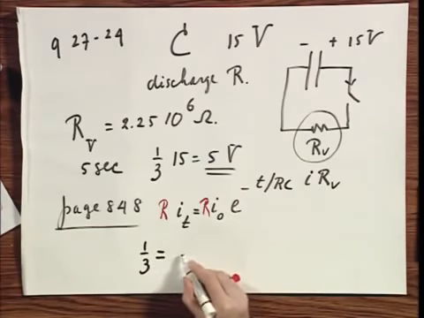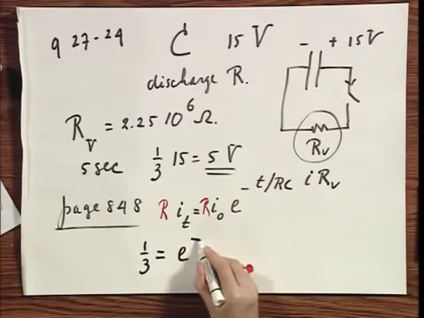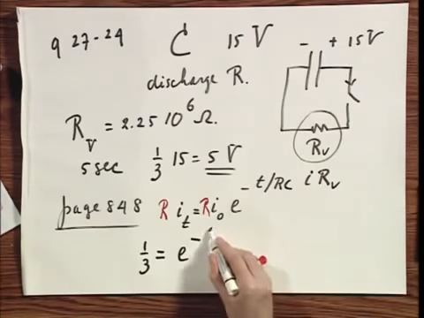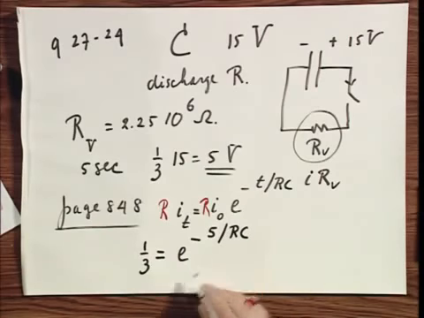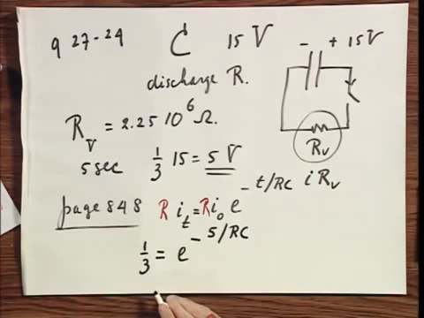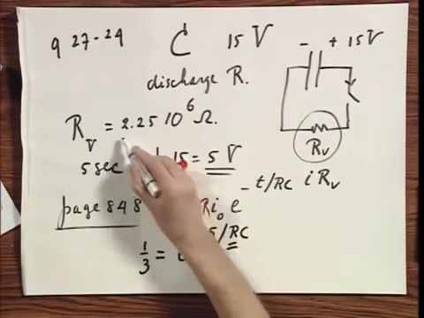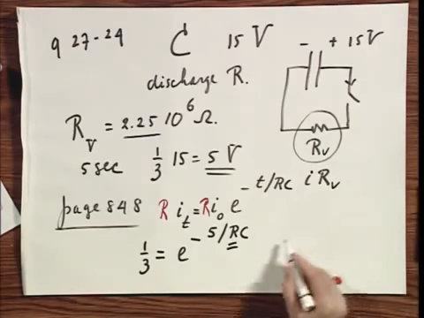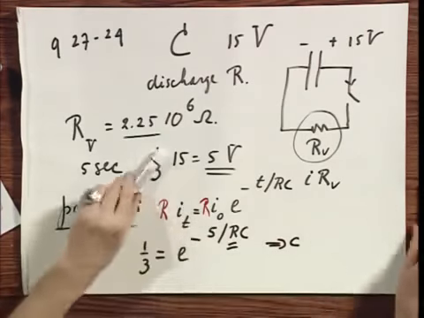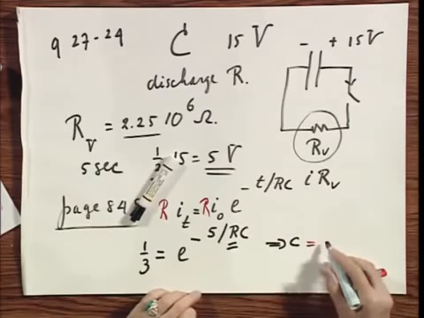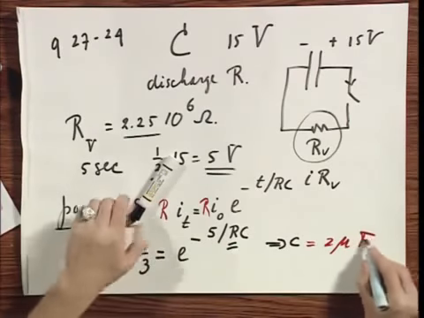So 1/3 equals e to the minus t over RC. t is 5 seconds over RC. Well, you know R, 2.25 megaohms. So out pops C, and I found that C equals 2 microfarad.